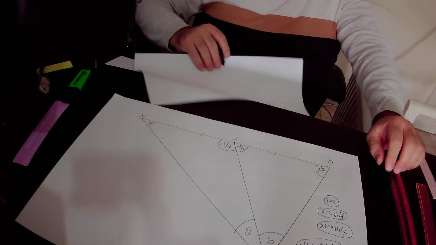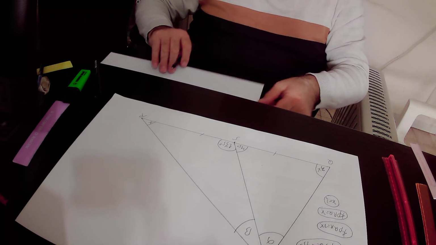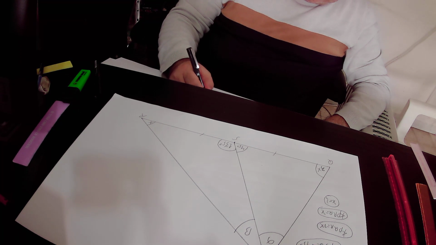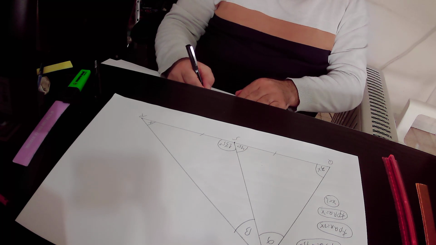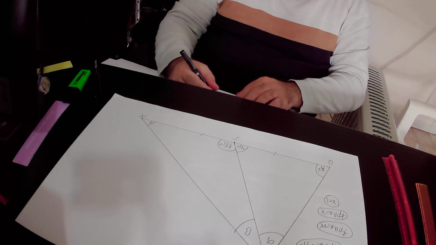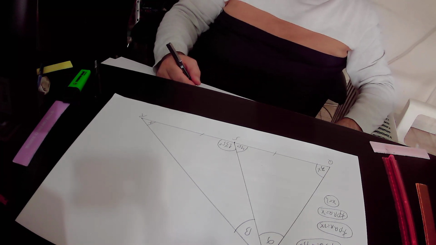In the next step, we will focus on triangle PQS. We know that in triangle PQS, the sum of the angles is equal to 180 degrees, as it is in any triangle.